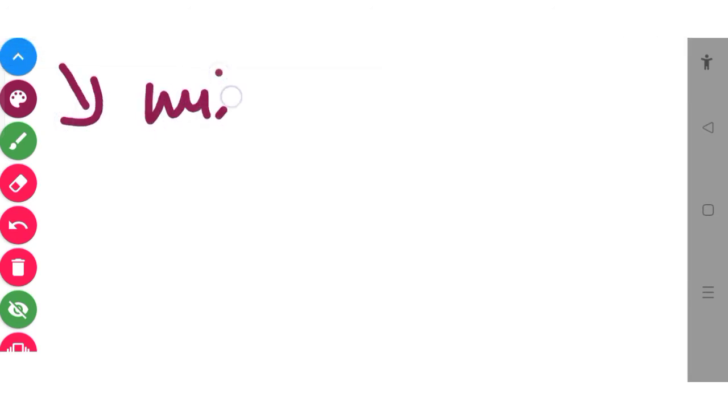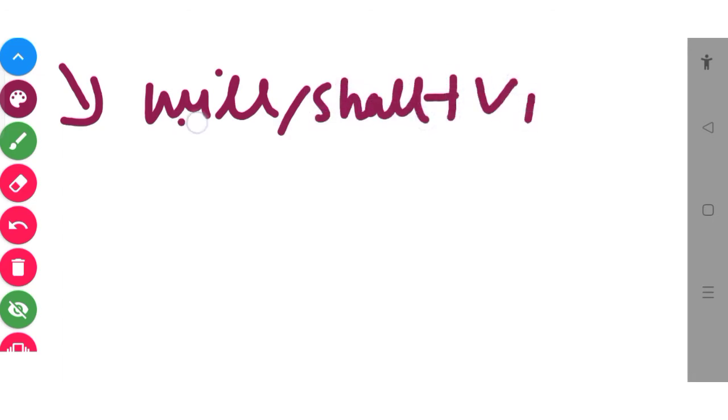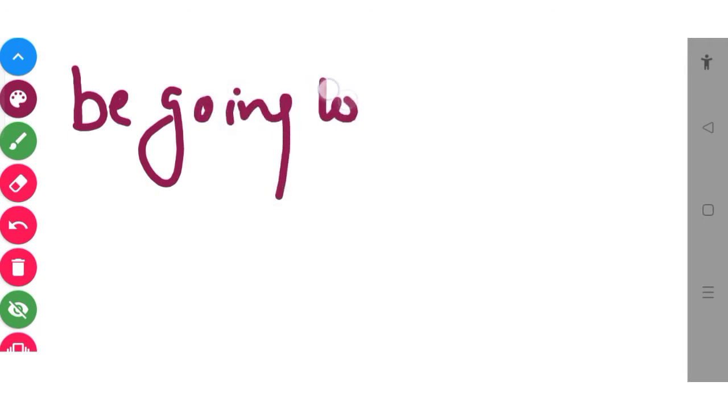Most probably we use it for these three purposes: whenever we write something, we say it is a prediction, a scheduled event, or we are hoping for something or expecting something. But other ways are also there to express the same tense without the use of will or shall, and without verbs of first form. So what are those other ways to express the future tense? The first way is be going to.